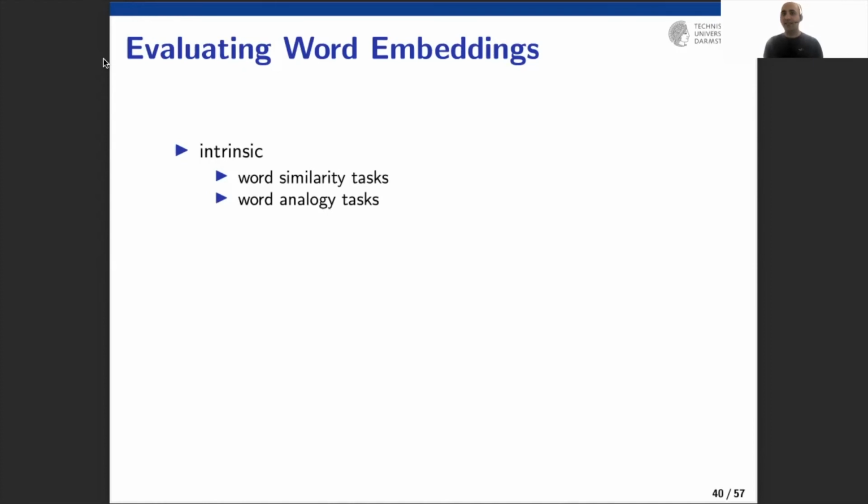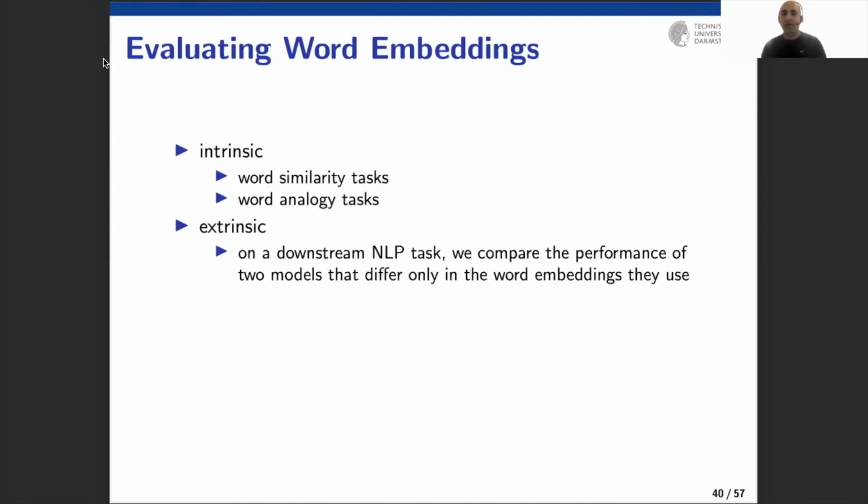These semantic relations can be captured as word similarity or word analogy tasks. Or you can use it in an extrinsic setting, in which you evaluate your word embeddings on a downstream NLP task. It means we compare the performance of two models that differ only in the word embeddings they use.